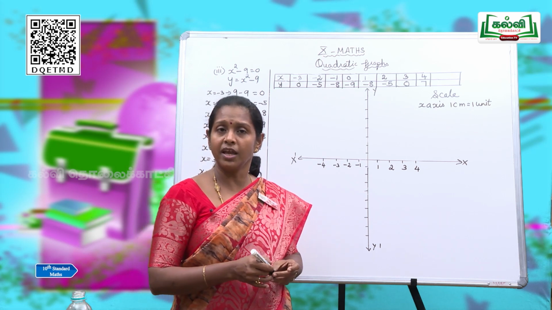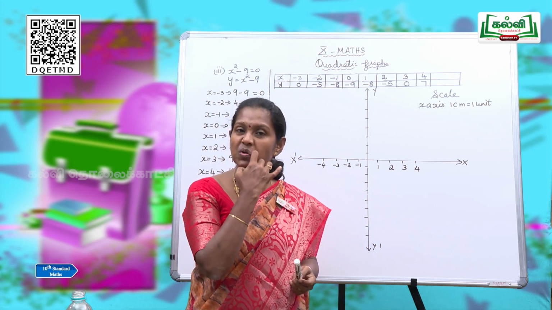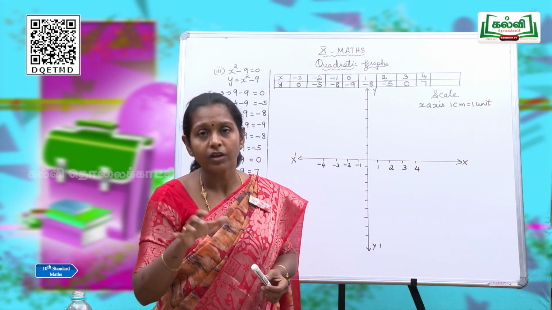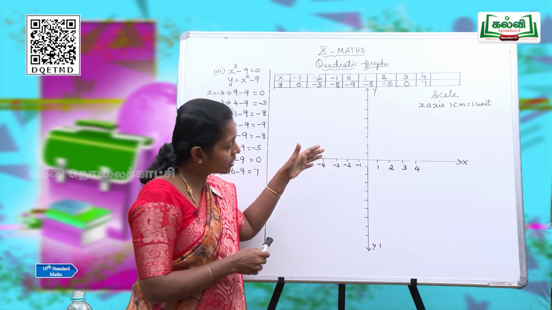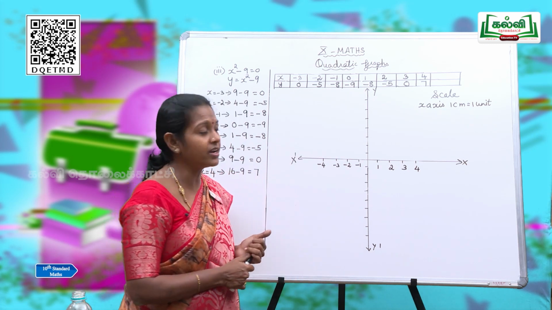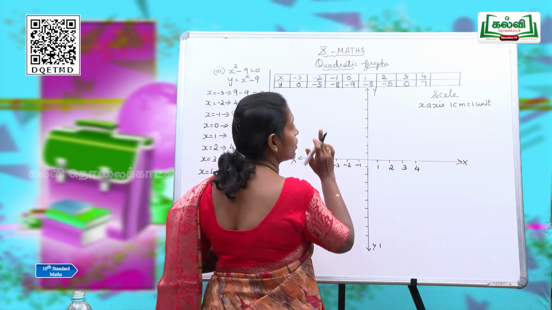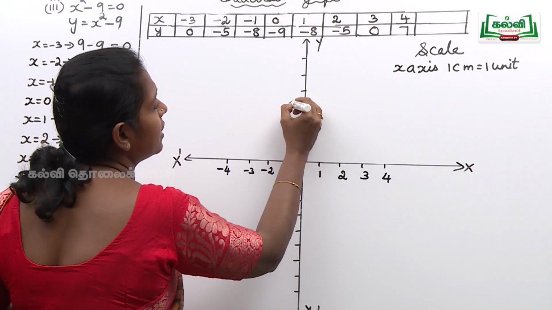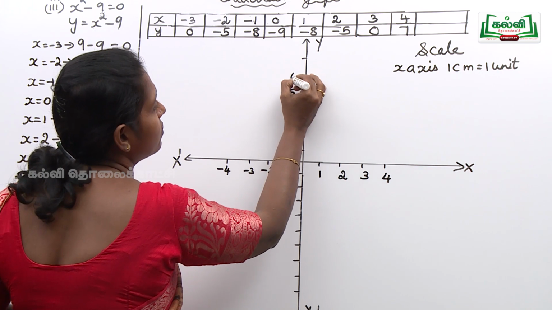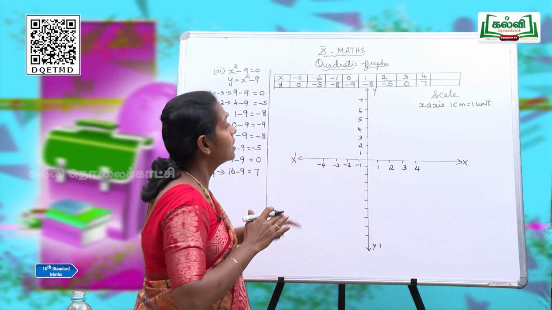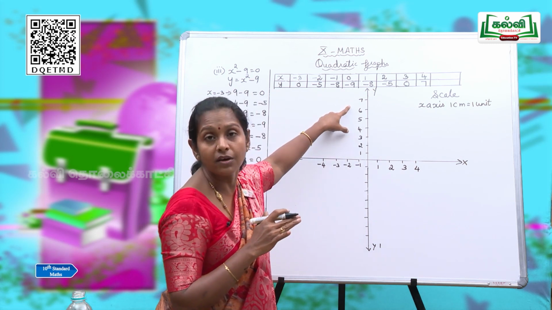Will you take x 1 centimeter, y-axis 1 centimeter as 1 unit or 2 units? No need to take. If you take 1 unit, it is very easy for us to get the graph, right? So, better, I will take 1 unit. So, plus 1, 2, 3, 4, 5, 6, 7. So, the maximum on the positive side along the y-axis is 7.